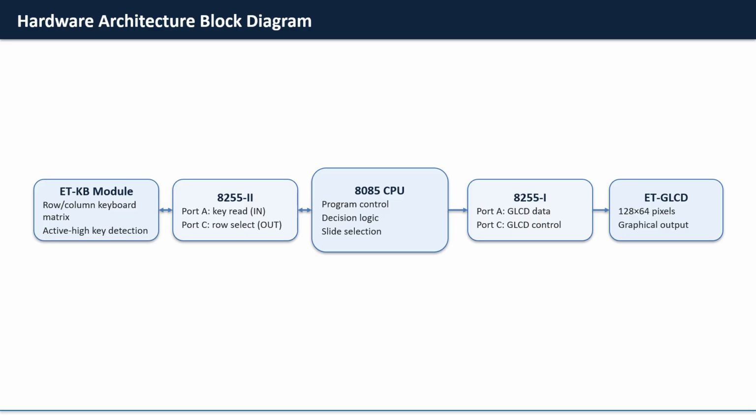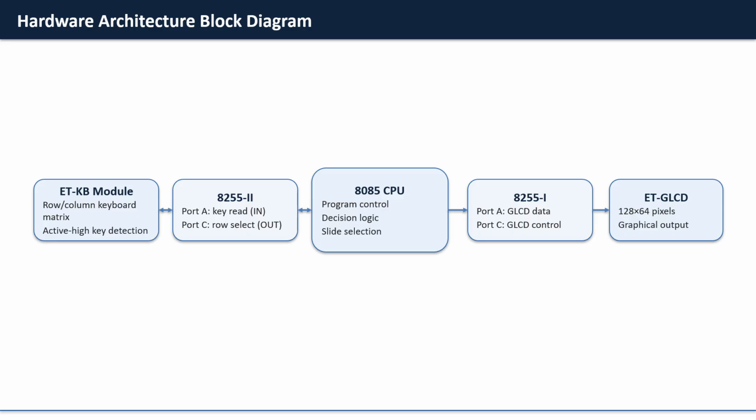Now talking on the left side, here the keyboard module has double arrows. You can see that the 8085 interacts in both directions, in bi-directional order. Port A is responsible for reading the key, and port C is responsible for row select.